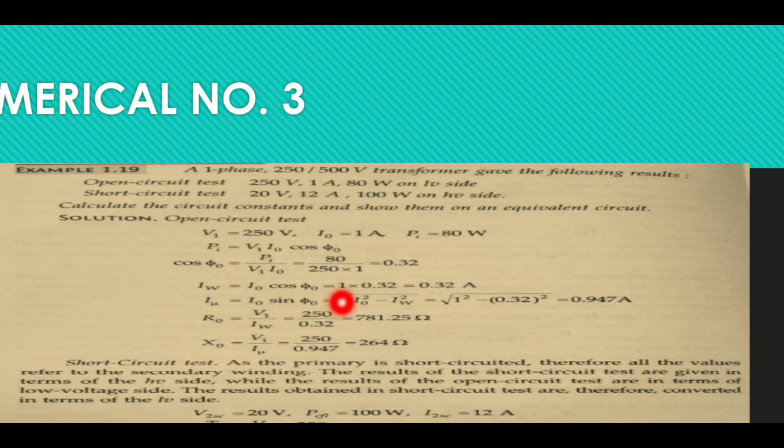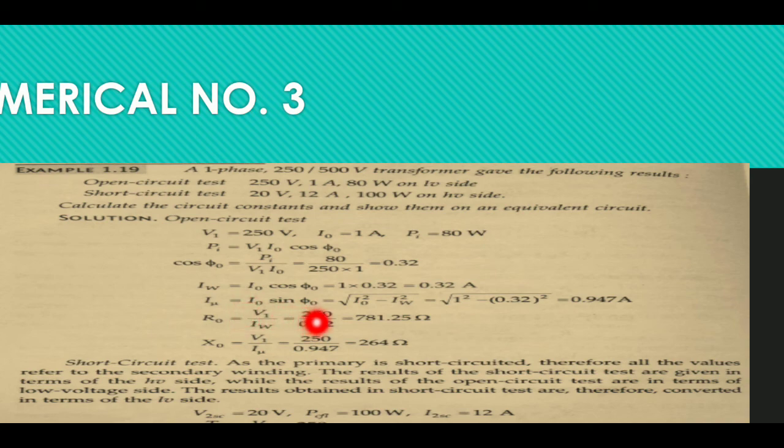So IW equals 1 into 0.32 equals 0.32 ampere. And I mu is the sine component or reactive component of the current, which is responsible for the hysteresis loss, and IW is responsible for the eddy current loss.